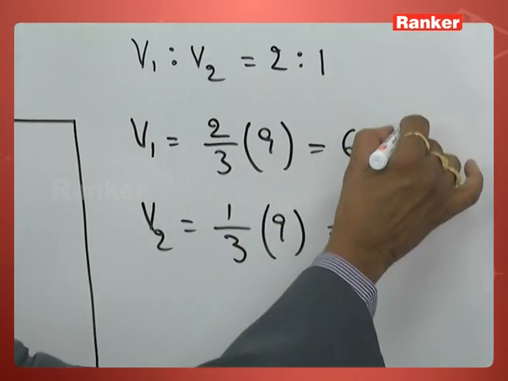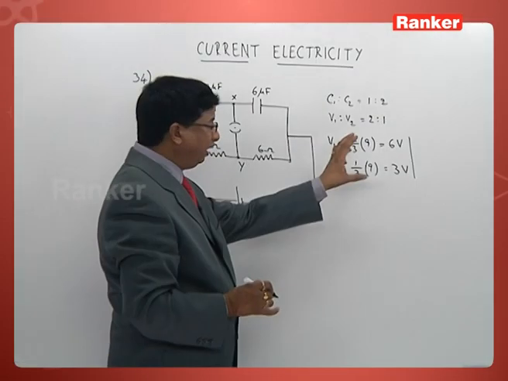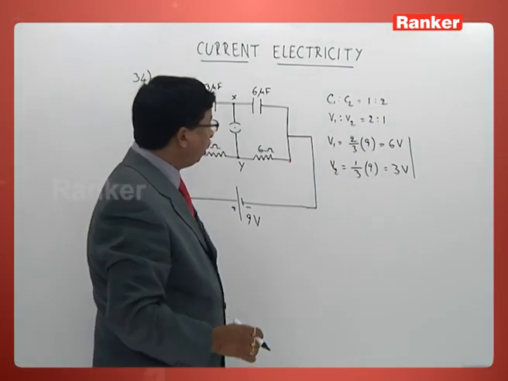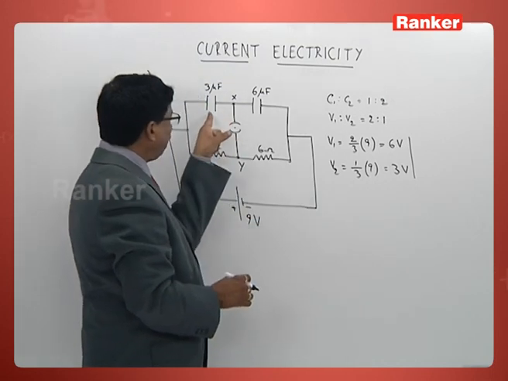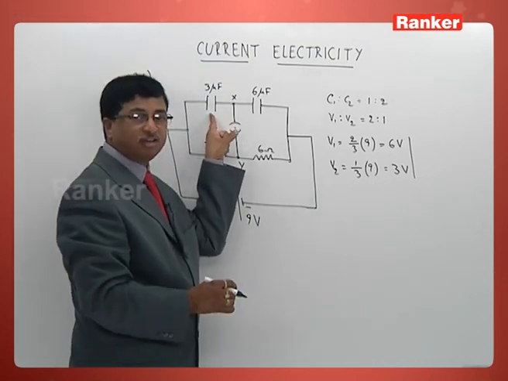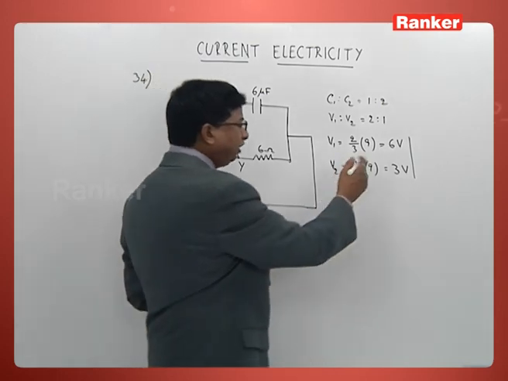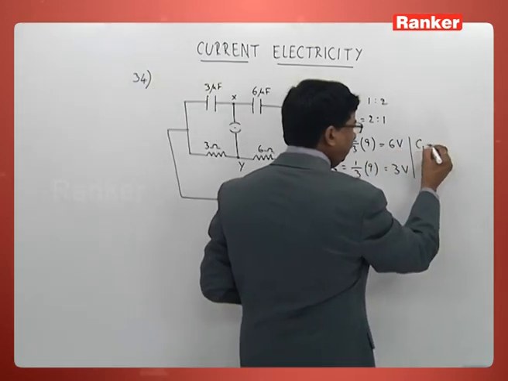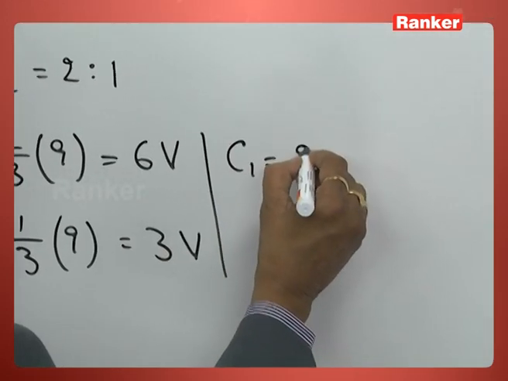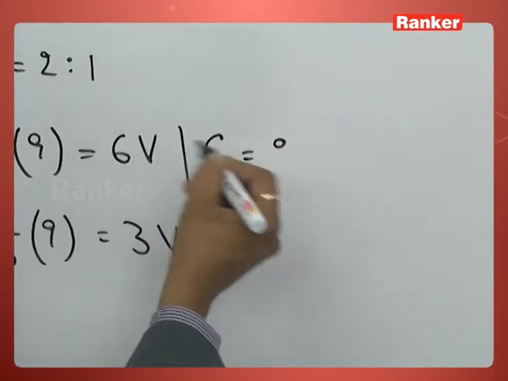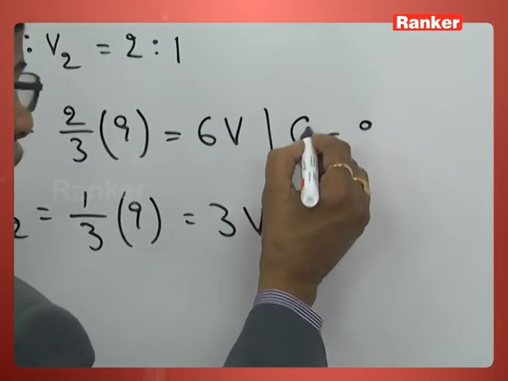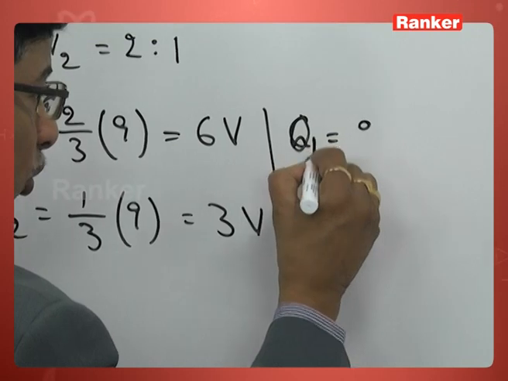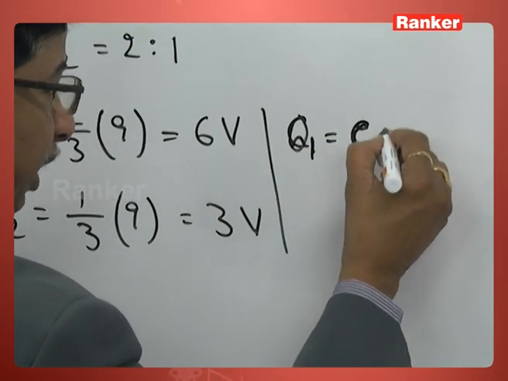Then according to this particular pair of values, what would be the charge on the first capacitor? You directly can understand. Q1 is equal to C1 V1.